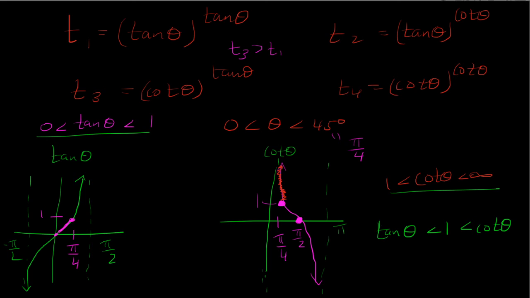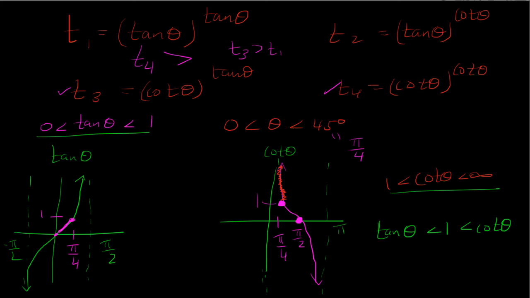So cotangent raised to cotangent power is the biggest one. Alright, so T4 is done. T3 is done. Now T2 and T1 is what we need to do next.